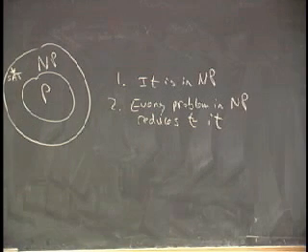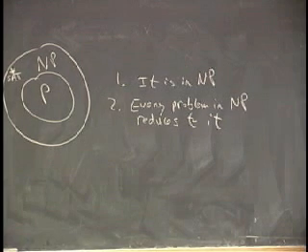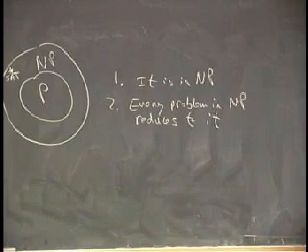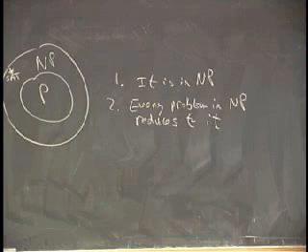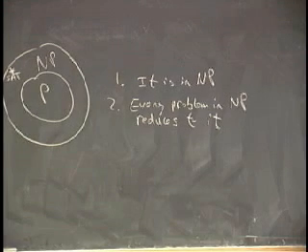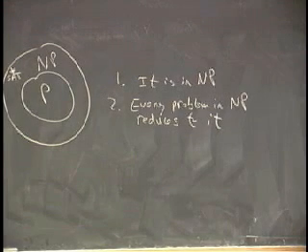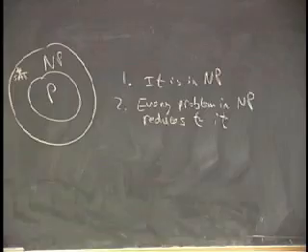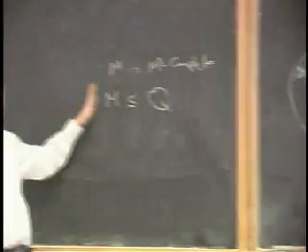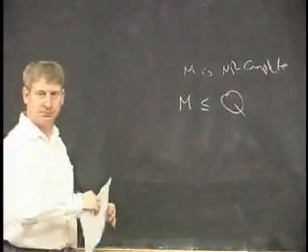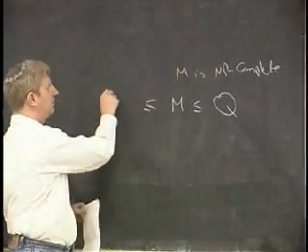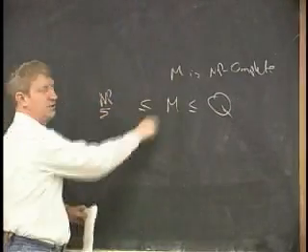We write this in the following way. If a problem is NP-complete, say M is NP-complete, and you reduce M to some unknown problem called Q, then we know that Q is also NP-complete. Because if M is NP-complete, everything reduces to M. The whole class reduces to M. Everything in here will reduce to here.